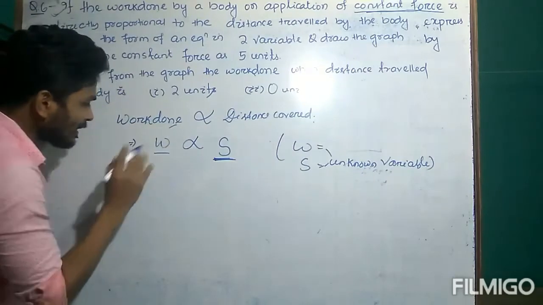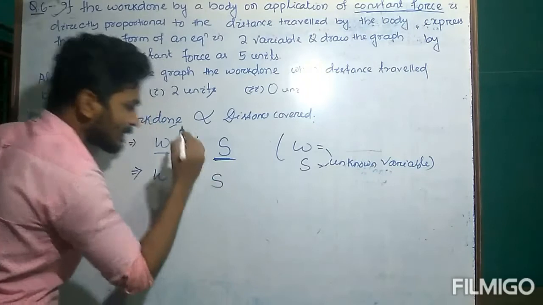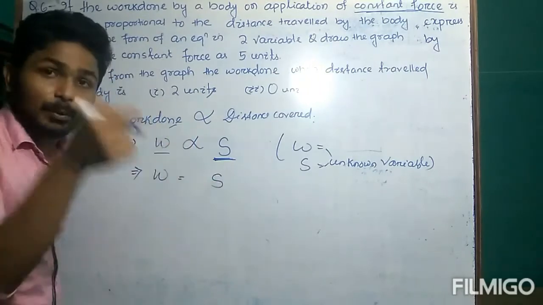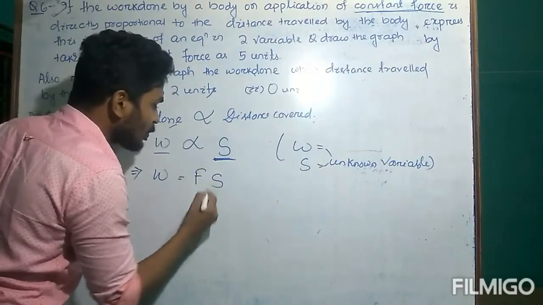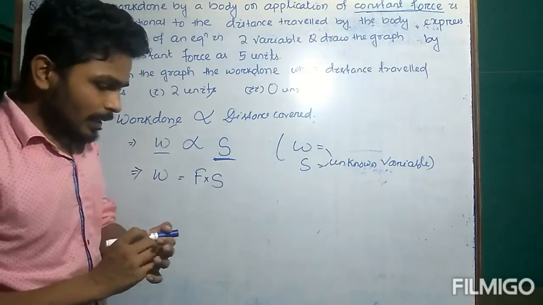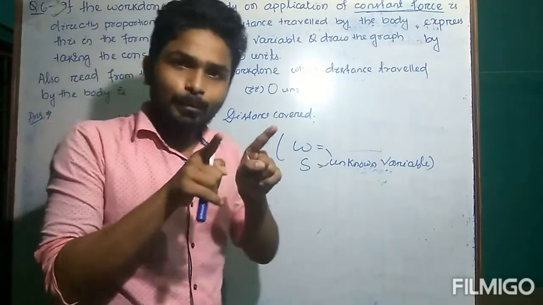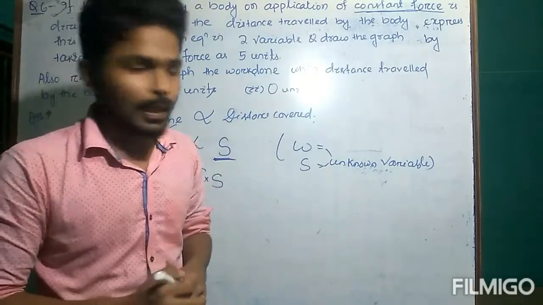So my next target is to equate these two terms. W is proportional to S. In order to equate them, I have to introduce a constant force, and that constant force must be multiplied with S. Understood? You have to keep in mind that in order to equate any two proportional terms, you have to use a constant term.